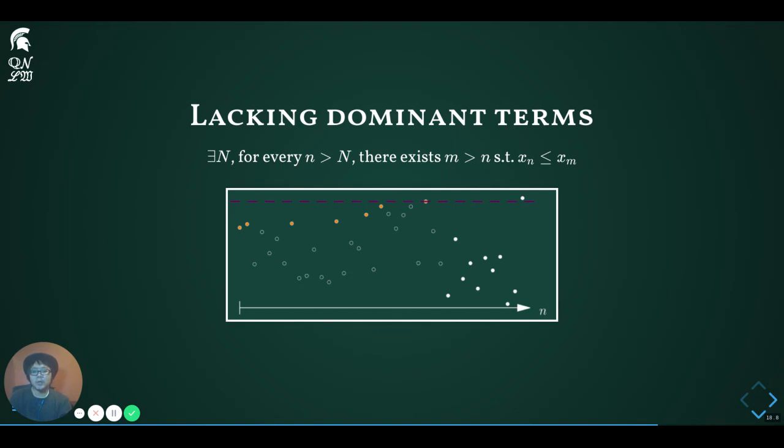Since we already know that there are no longer any dominant terms, this process cannot terminate. At every point, there will be one more term that is larger to follow. Continuing this way, we build this subsequence of orange terms that is now increasing.